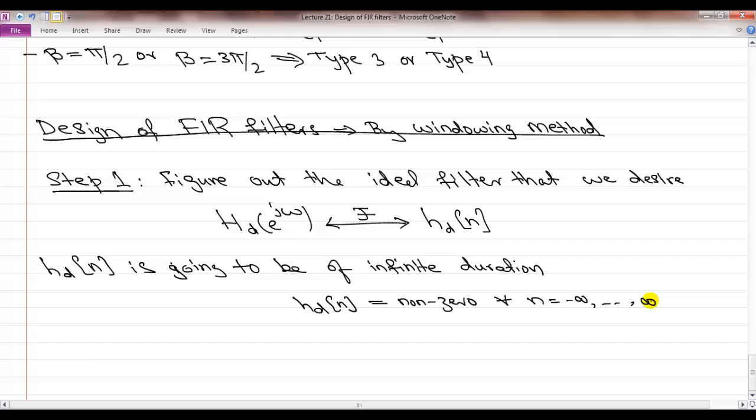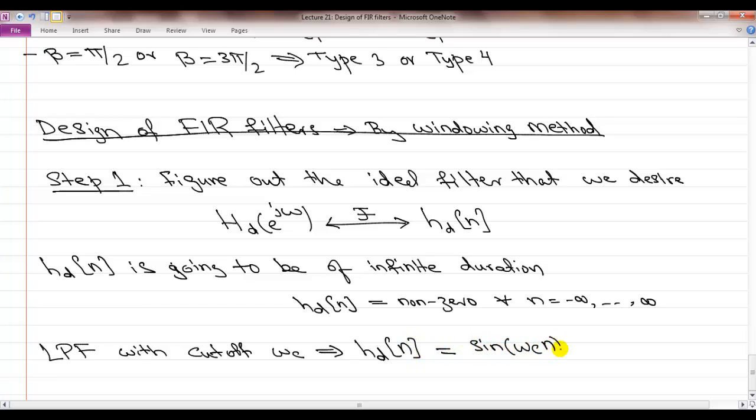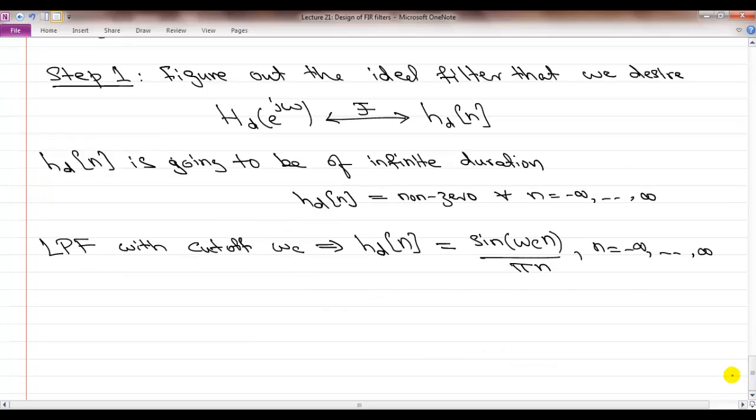You figure out the response that you want, and when you compute h_d[n], you get this sinc function which goes forever. So if you have a low-pass filter with cutoff omega c, then our desired impulse response is sin(omega c n) over pi n for n from minus infinity to infinity.